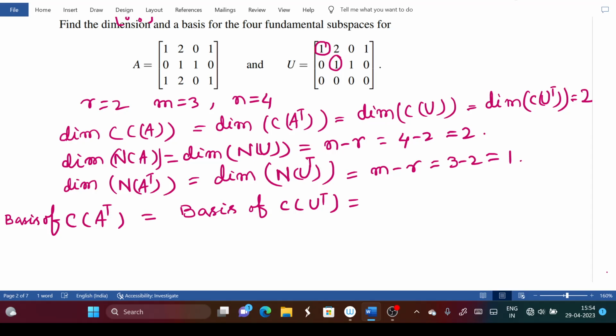We'll first find out what the basis vectors are. First row and second row constitute the basis vectors because they are having pivots in them. So it is 1 2 0 1. Second row is 0 1 1 0.